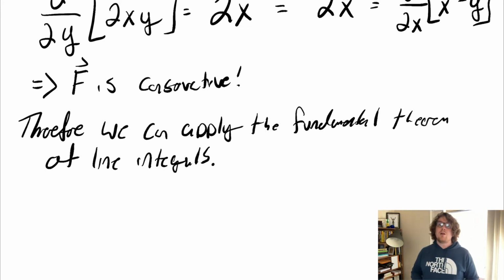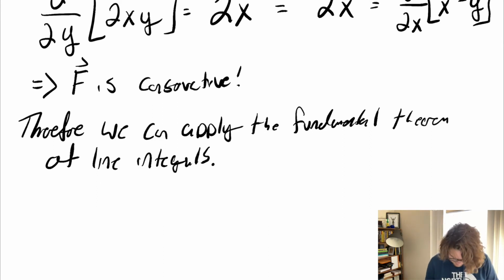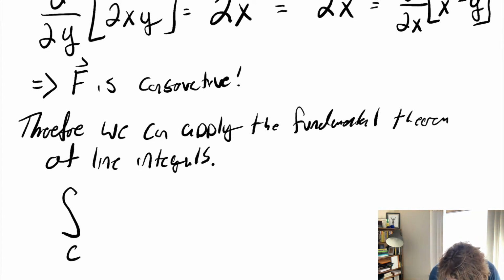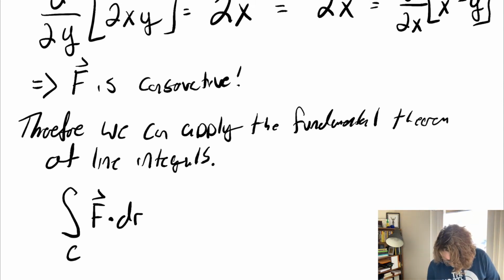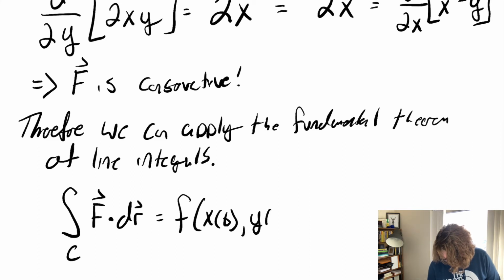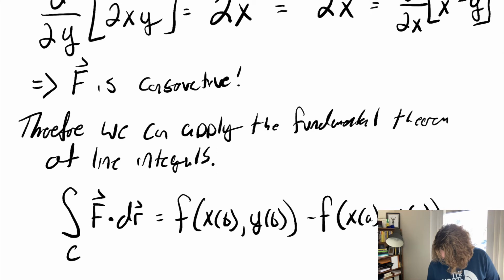So remember what our fundamental theorem of line integrals says. It says that the integral over a curve C of F dot dr is just going to be f of x of b, y of b, minus f of x of a, y of a.